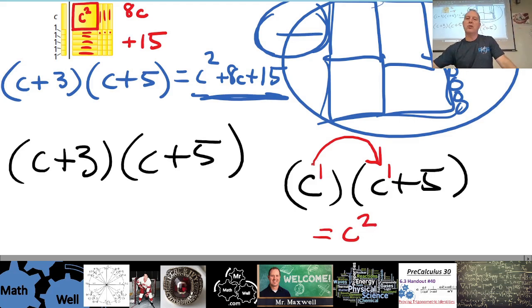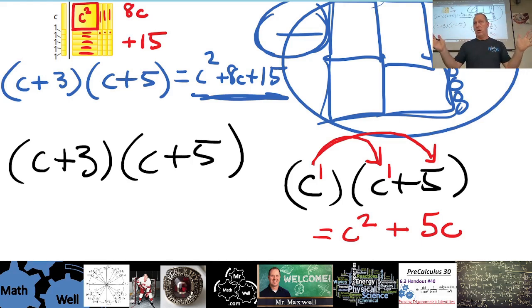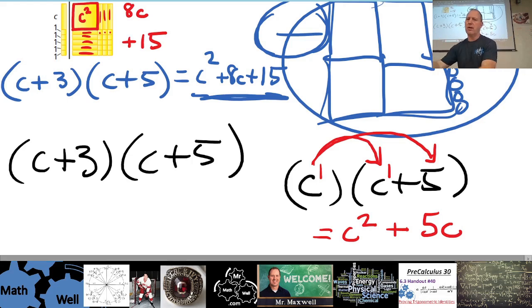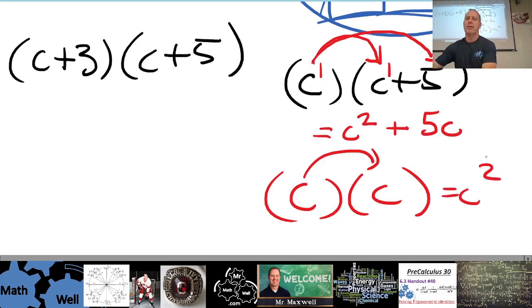And then you distribute to the other term in the next one, and that's a positive 5. So this is plus 5c, because c times 5 is 5c. So do you remember this? Multiplying by distribution? You've seen that before? Yeah? Okay. Because if I make it even simpler, let's start with c times c. I multiply. That equals c squared. So if I add a 5, that means I have to keep multiplying.